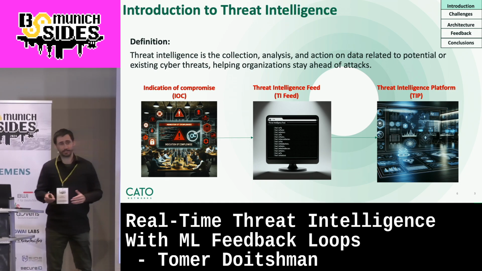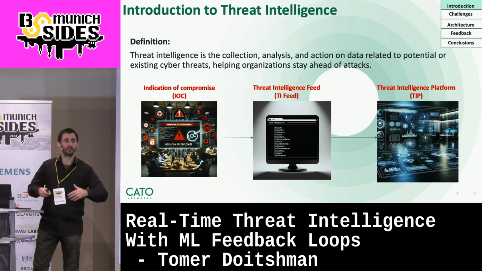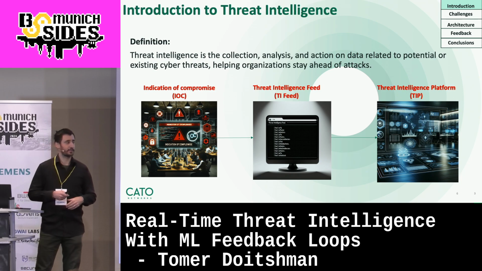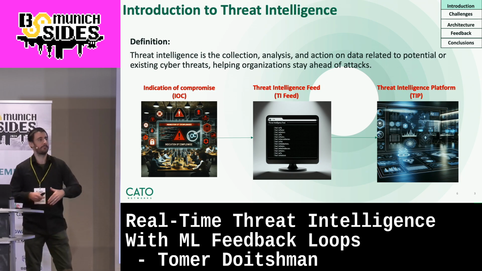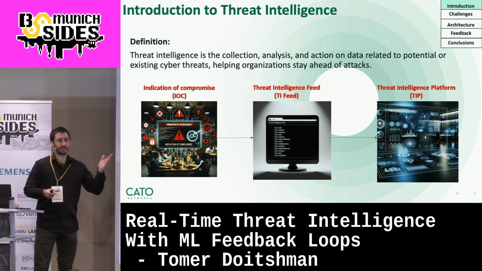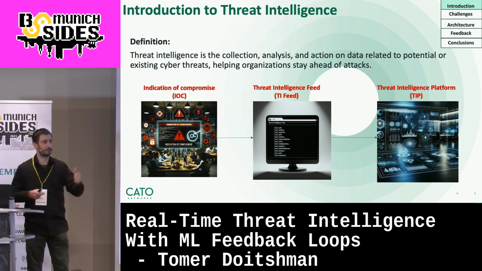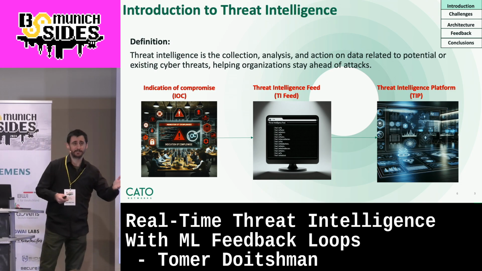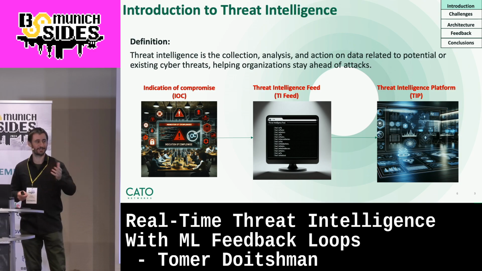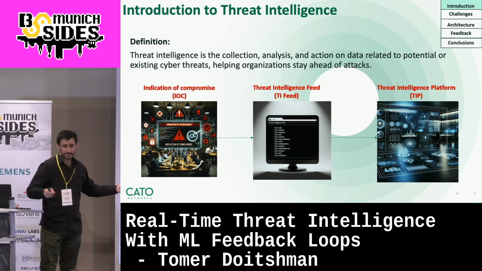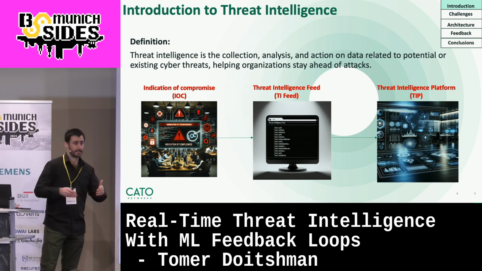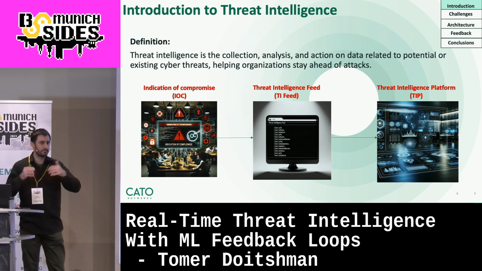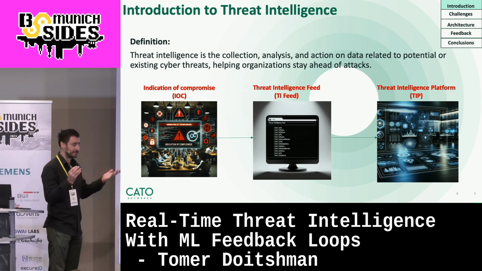A threat intelligence feed is a list or aggregation of many IOCs, and we get these feeds from many kinds of sources. We can get them for free from GitHub or some public list on the internet. We can also pay for them to vendors that work in supplying threat intelligence. The feed is just a list of IOCs. It can be a list of domains, IPs, URIs, anything.